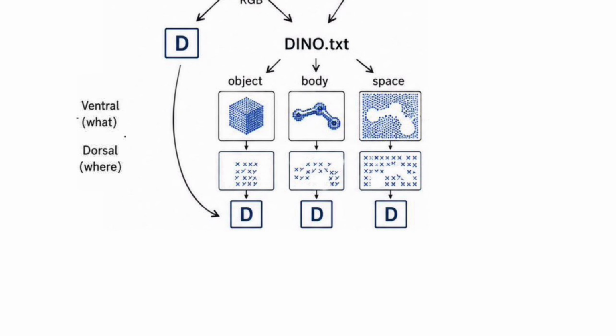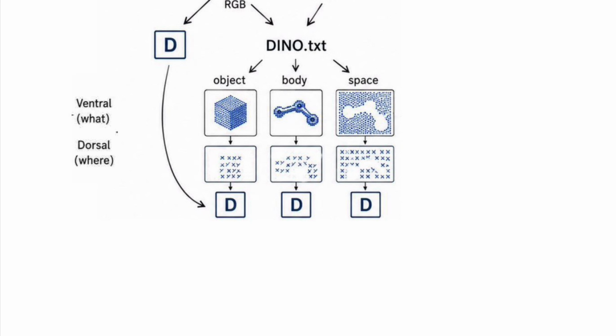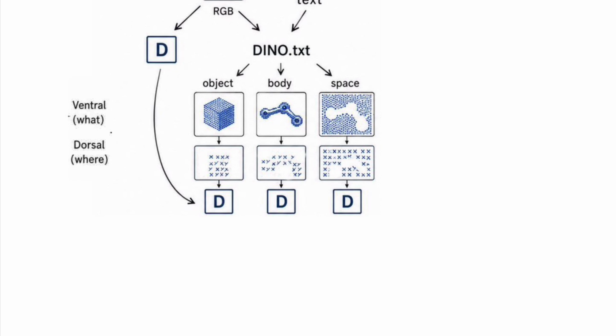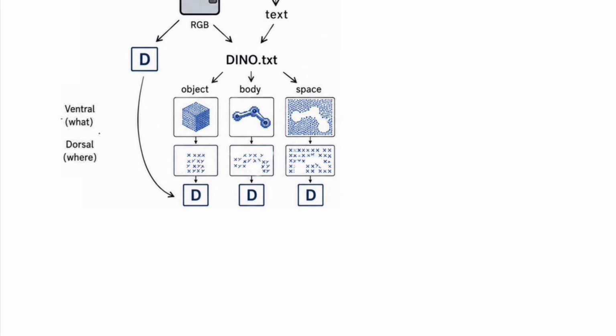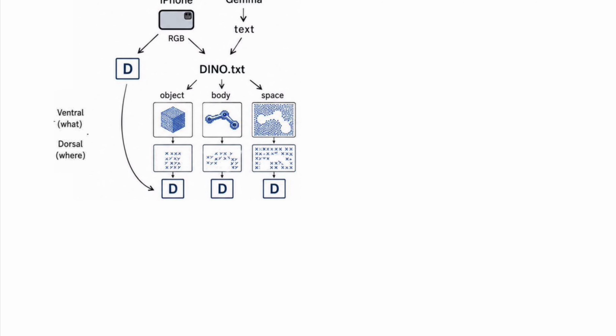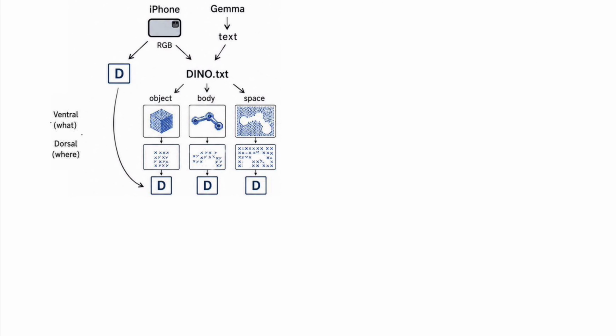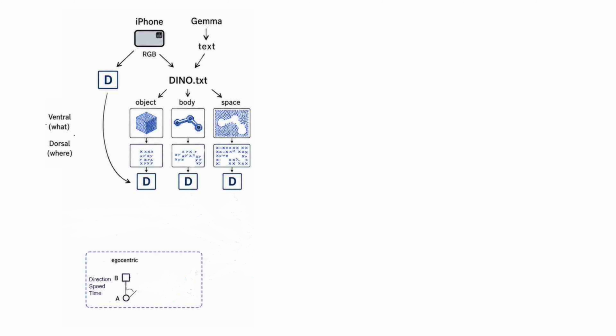These triplets serve as a bridge to vision. A visual module generates heat map masks from them. Instead of flooding the system with incoming information, we strictly separate it into object, body, and background aggregates, as well as dorsal and ventral properties.